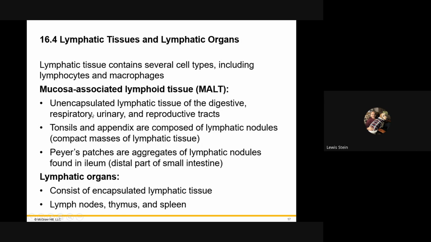Collectively, when they say unencapsulated, and I tried to draw it here with my bad artwork, like that would be a tonsil. A tonsil in your mouth, in your throat, because it's coming in contact with respiratory, potentially infections, and digestive, so bad guys from both of those systems conceivably.